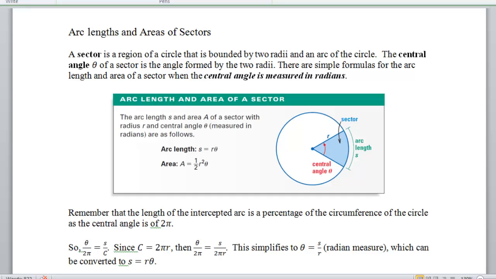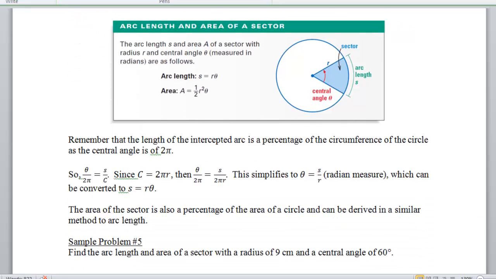With area, we can also find the area if we know the radius and the given radian measure of the central angle. And so once we know that information, we can quickly come up with the area of the sector.